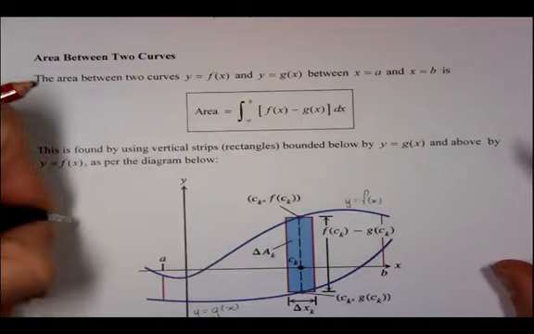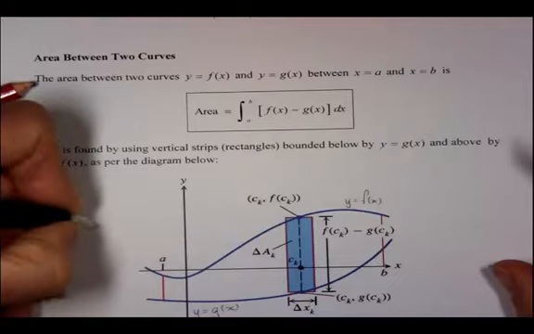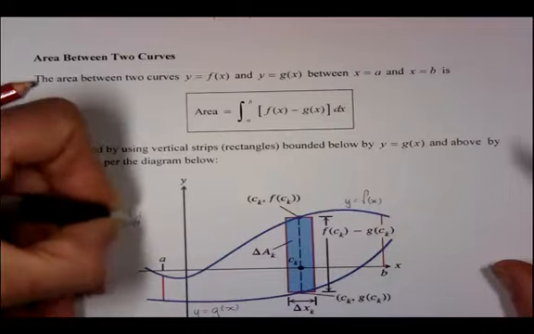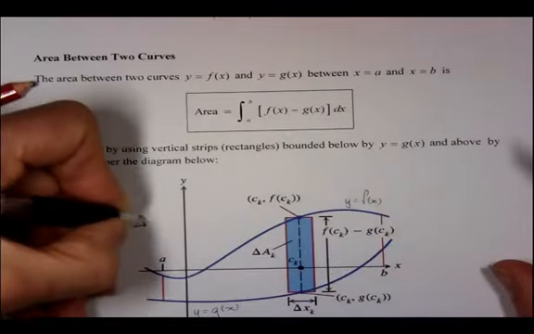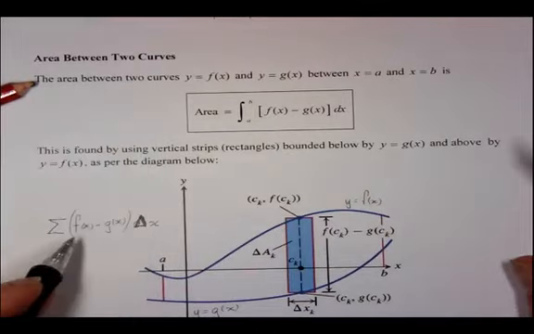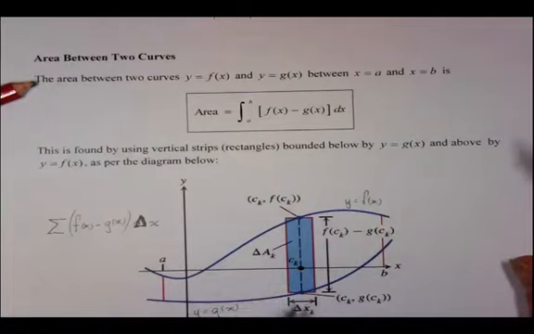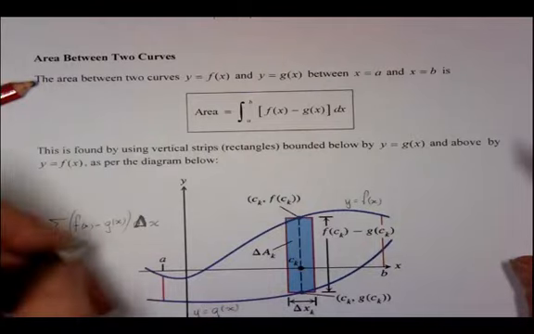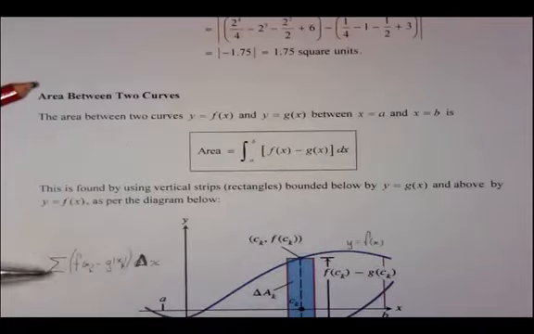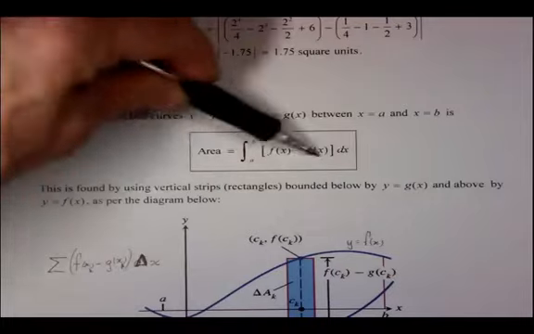Each rectangle is f(x) minus g(x), that's the height, times delta x, that's a capital delta, the width, for the various values of x. Say that's the kth rectangle, and that's delta x k. I'll put subscripts there because the x's keep changing. But basically you add up all the areas. In the limit, just as before, that becomes the integral of f(x) minus g(x) dx.